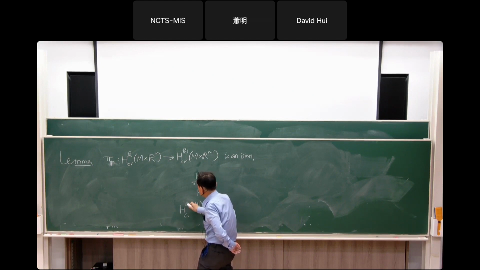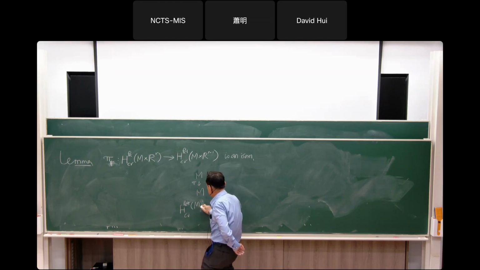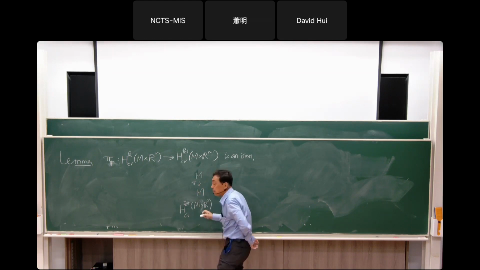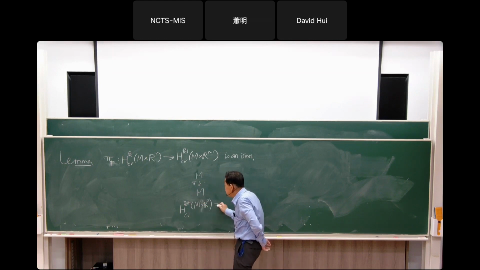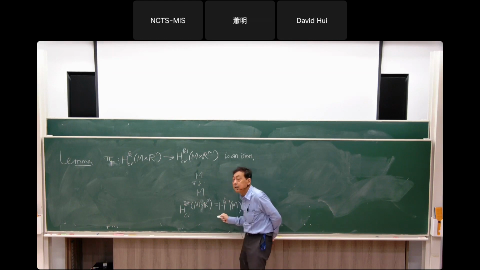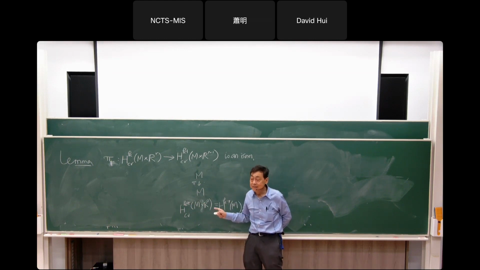So eventually you end up with H_cv^{k-r} of M cross R^0. Now this is a vector bundle whose fiber is a single point, and so it's just M itself. And so the compact support in the vertical direction is just the same as no condition in the vertical direction. I think that's how we can fix it.